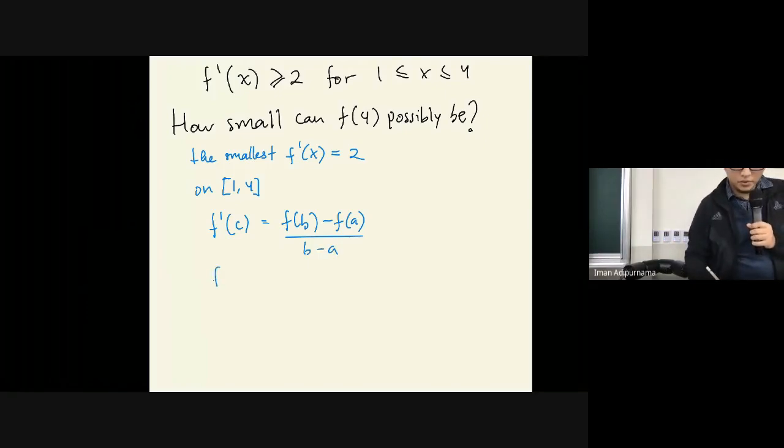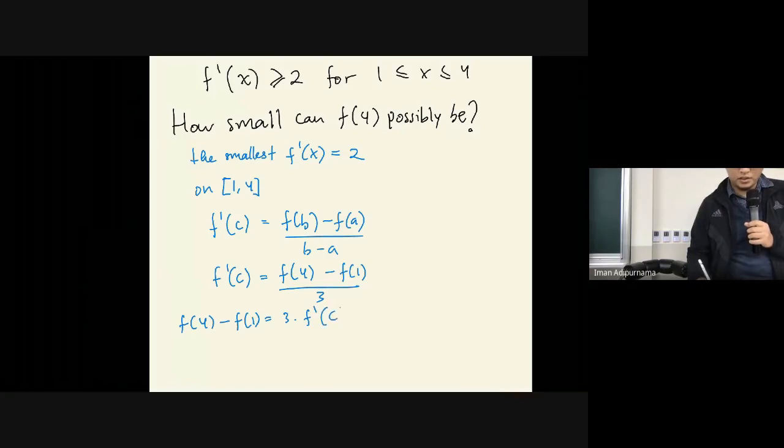So f4 minus f1 should be 3 times f prime c, right?